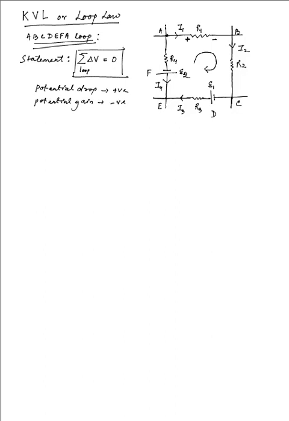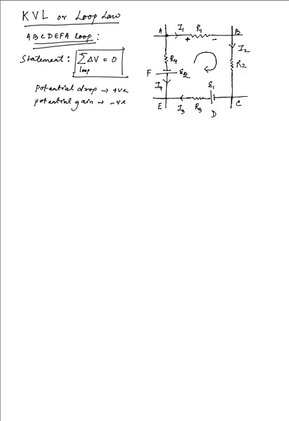Potential gain is according to the sense in which we have considered the loop. The loop that we have considered, as I've written over there, is in a clockwise sense. We can, however, take it in the counterclockwise sense. There's no problem with that, but here we have taken it in the clockwise sense.